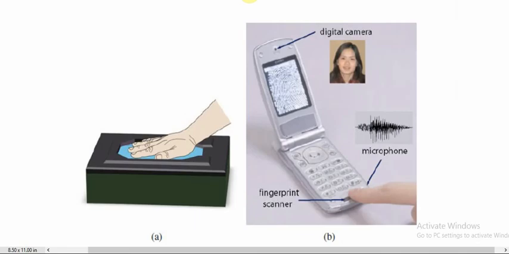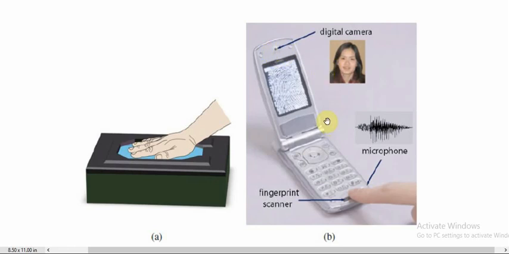Multimodal systems combine the evidence presented by different body traits for establishing identity. For example, in some early systems, they used both face and voice features to establish the identity of an individual. Or here, we have a phone which captures the fingerprint and a digital camera which captures the face image.